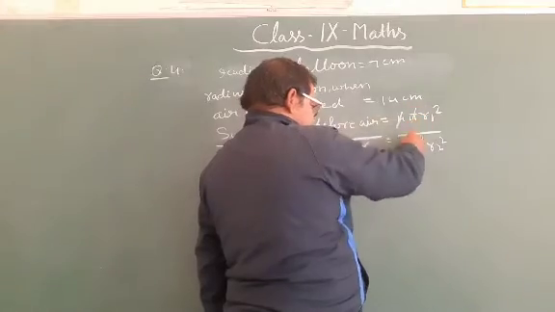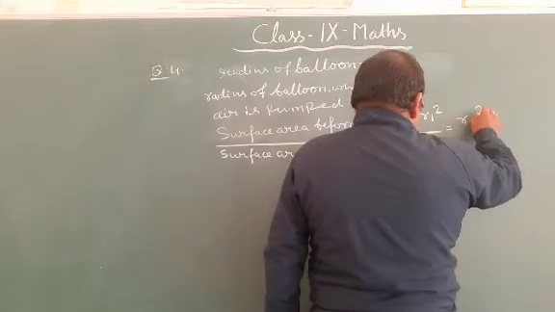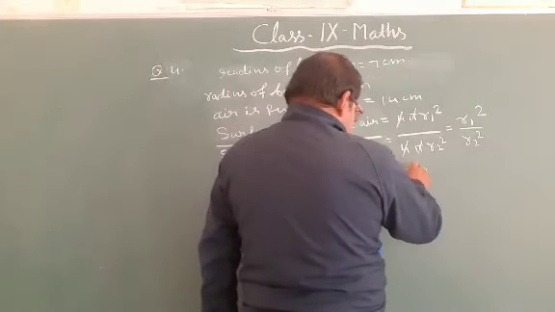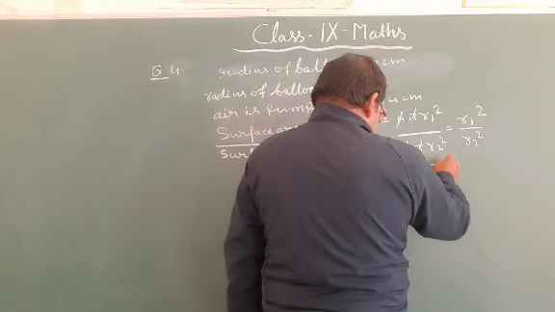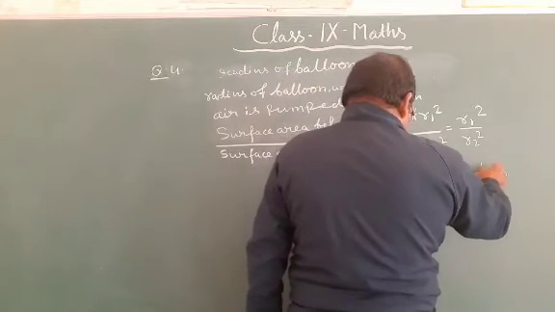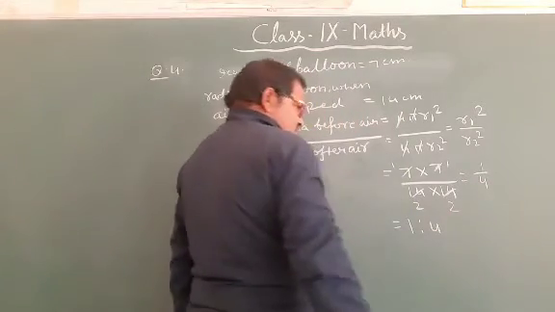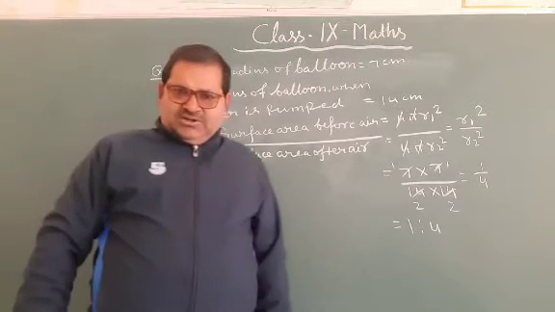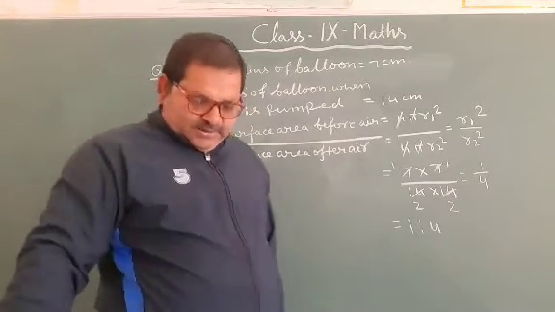So 4 pi cancel, that's equal to r1 square upon r2 square. Now 7 into 7 upon 14 into 14, that's equal to 1 upon 4, and the ratio is 1:4. The ratio in the two cases is 1:4. Clear? Next question.